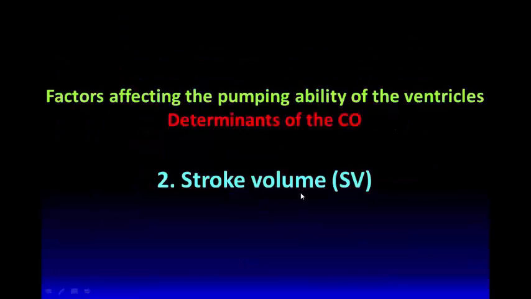So we have finished with the influence of the heart rate on the cardiac output in detail, and now we will describe how stroke volume influences the cardiac output and what the factors are which determine and regulate the stroke volume itself.